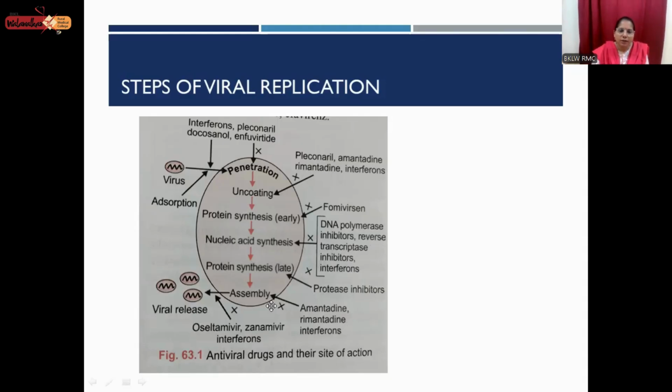After synthesis of proteins, the whole virus structure is assembled, then released into the blood circulation. Assembly is inhibited by amantadine, rimantadine and interferons. Release into the circulation is inhibited by oseltamivir, zanamivir and interferons. So this is how different drugs act at different sites.